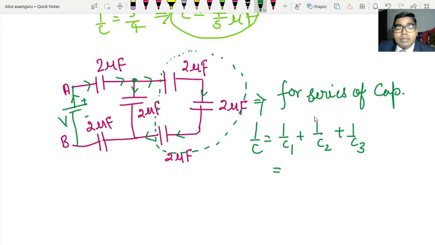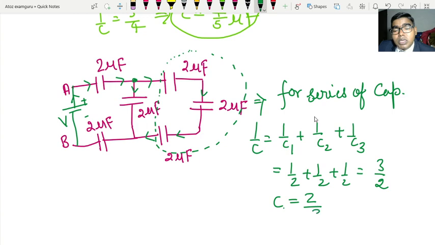It means 1 by 2 plus 1 by 2 plus 1 by 2, which is 3 by 2, so simply C equals 2 by 3 microfarad.